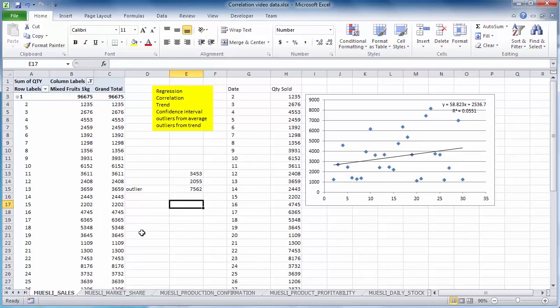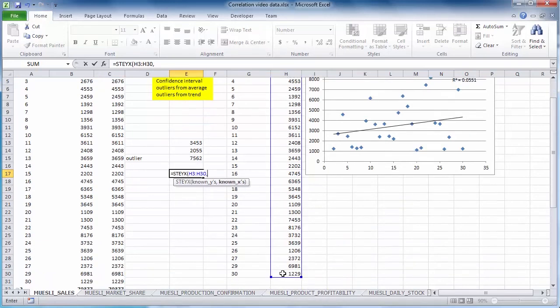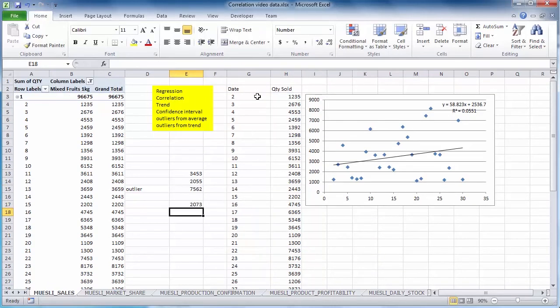If we want to find the standard error of the y estimate, here's the y estimate, and there's x. The standard error of the y estimate is STEYX. Here are my y's, and here are my x's. This is the error associated with some data points.